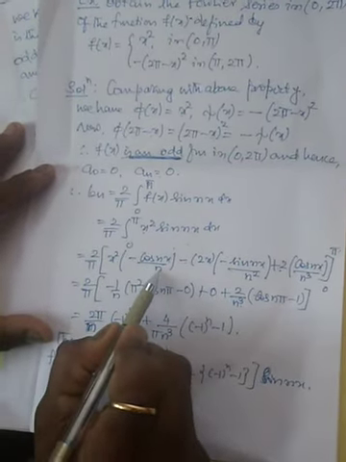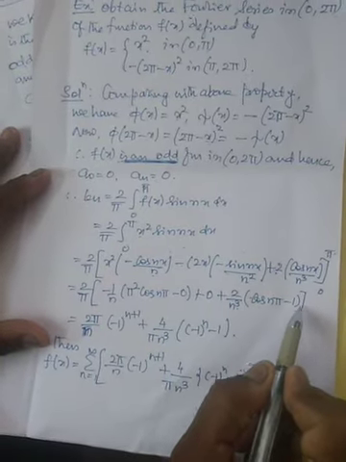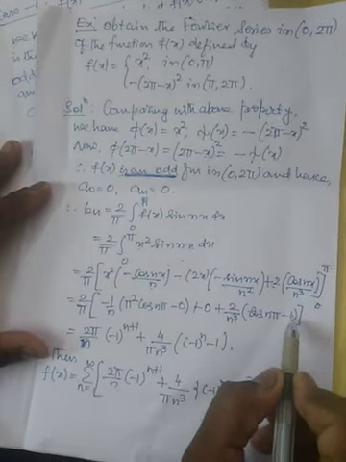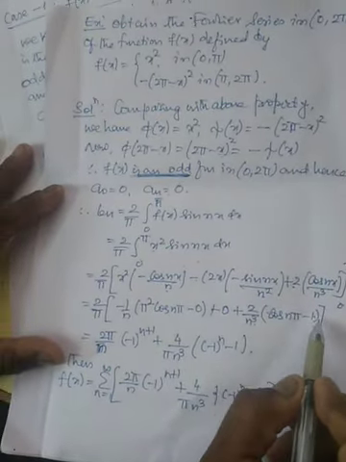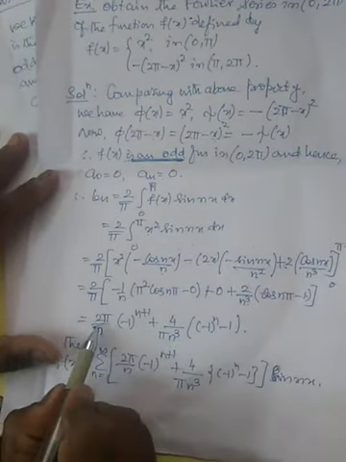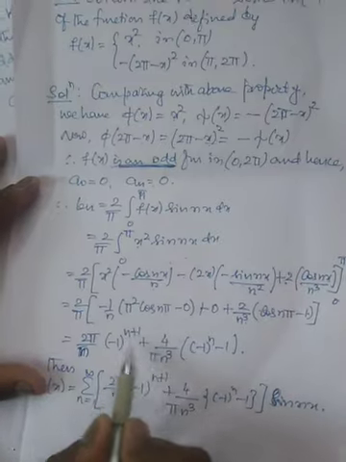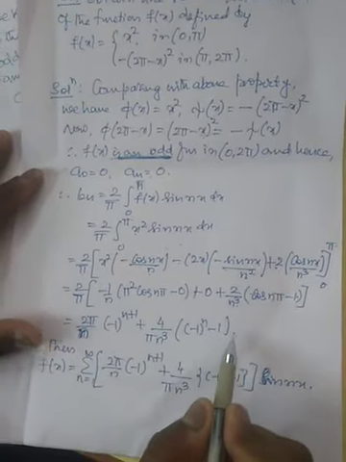Because minus into 1 upon n. And the third term is 2 upon n cube into cos n pi minus 1. Why is it minus 1? Because cos 0 is 1, and the minus is the difference of upper and lower limits. Therefore, after simplification, it will become 2 upon n into minus 1 raised to n plus 1, plus 4 upon pi n cube into minus 1 raised to n minus 1.